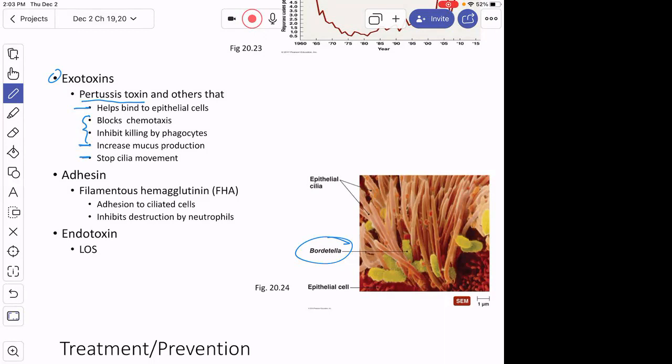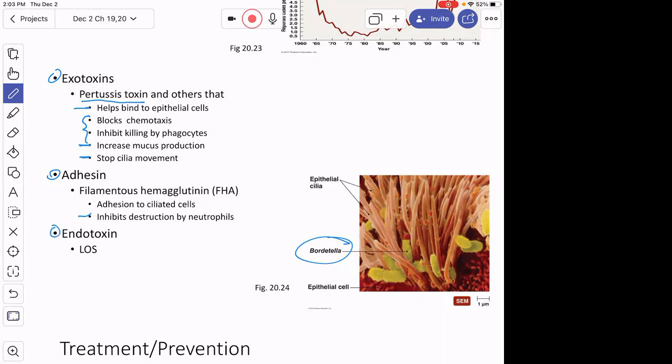So again, that's why patients have to cough so hard. One adhesin in particular is called filamentous hemagglutinin. I wanted to mention that one because that's part of what we use for the vaccine. It acts to make killing less efficient by our phagocytic cells and helps it adhere.